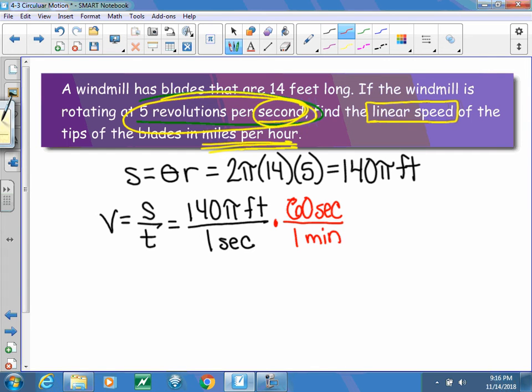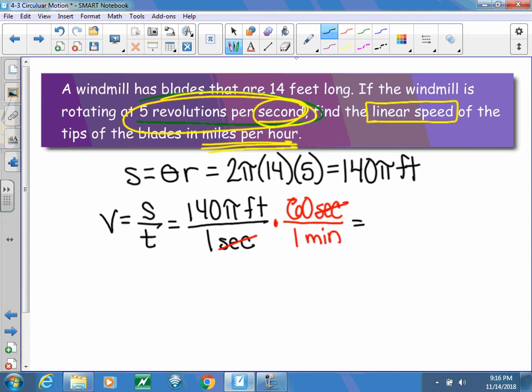And with how I'm setting this up here, because I'm taking 140 pi feet over 1 second, thinking about how variables cancel out, when we divide something here, your seconds are going to be canceling each other out. And so what this would then leave us with is we'd take 140 pi times 60 all over 1, because 1 times 1, and now I would have converted this into feet per minute.